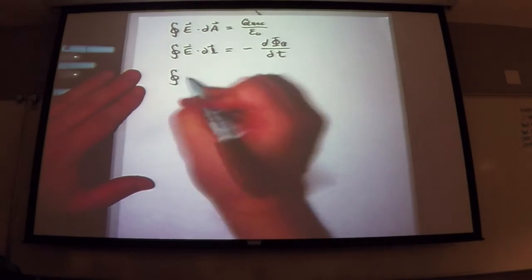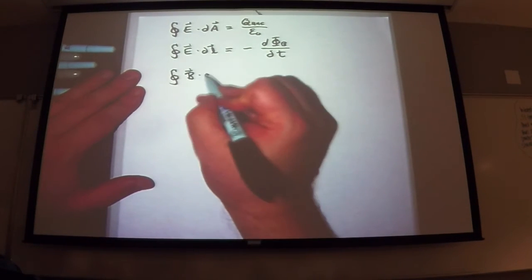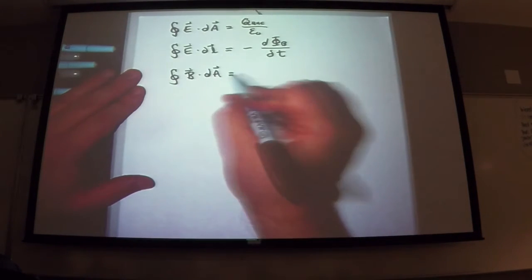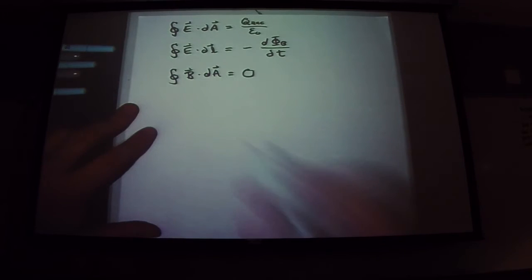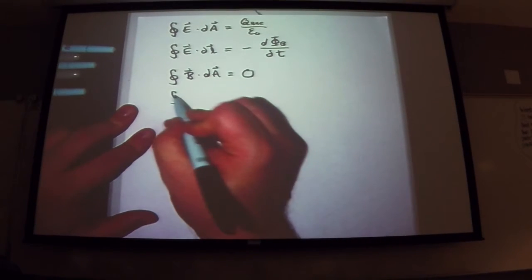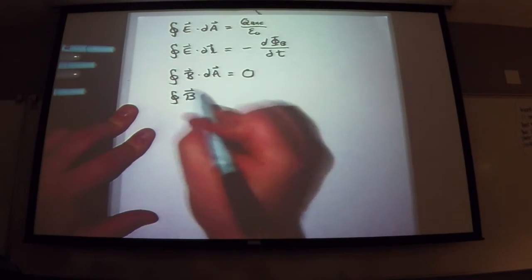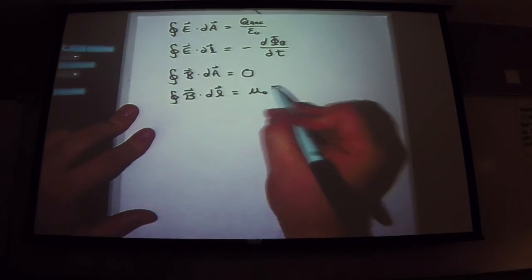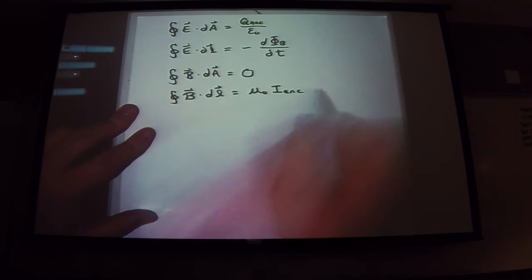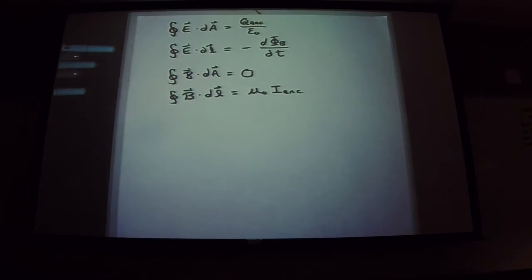Then we had the integral of B dot dA equals 0. And then Ampere's law, B dot dl is equal to mu naught multiplied by current, of course. It's our Ampere's law.